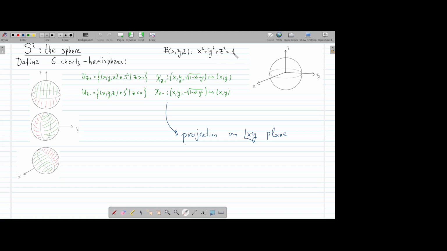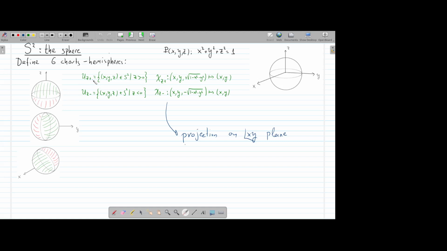So we can define an atlas on the sphere by considering hemispheres of the sphere in different directions and project those hemispheres onto the disk, which is vertical to the direction that we have chosen.